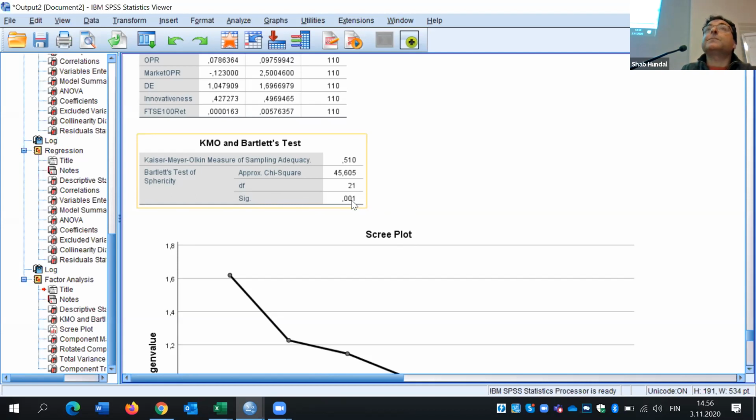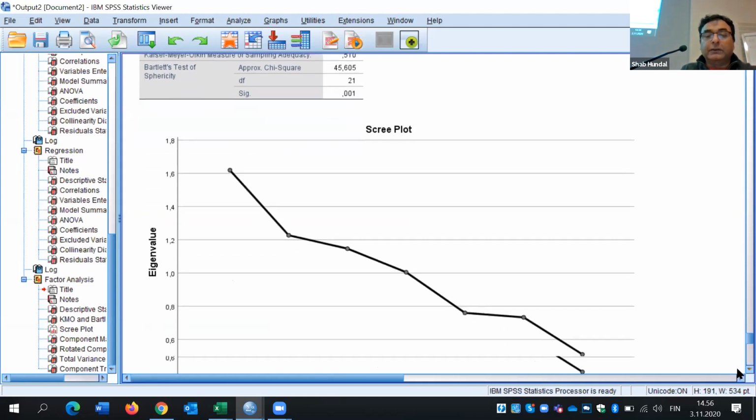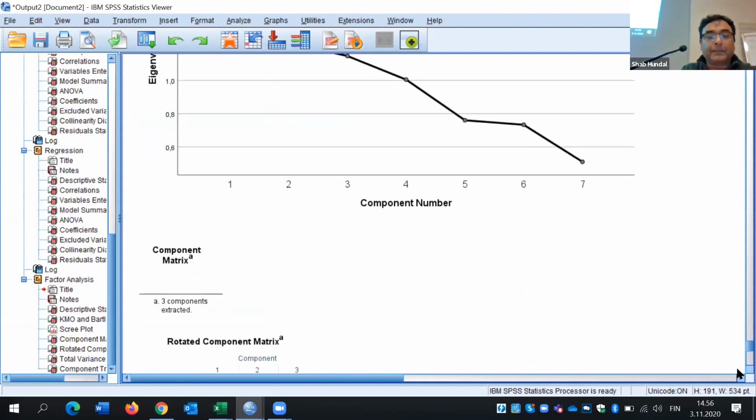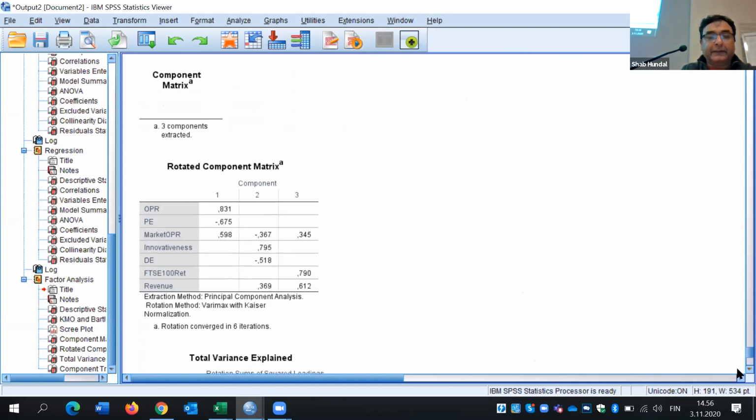How much is this? Almost 0%. So we can say with nearly 100% confidence that our initial results are significant. It's really good. And then we go on. The plot we can discuss afterwards.